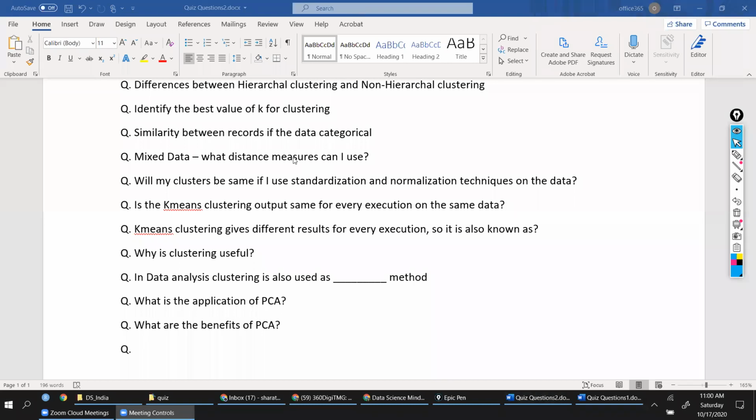LDA, SVD. These are all used for dimension reduction. Of course, backward elimination. Data cube aggregation. Feature subset selection. Very good.